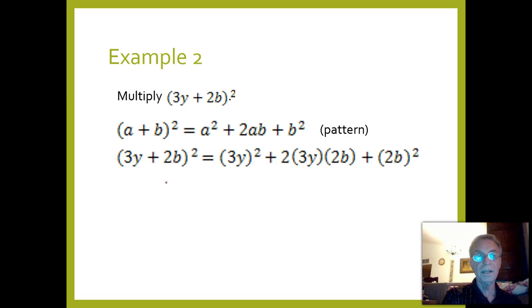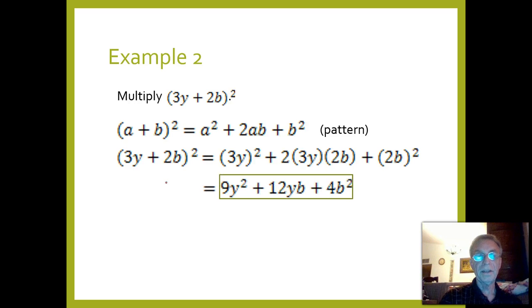The first part, a, is represented by 3y, so that's going to give us 3y squared plus the last term, which is 2b squared. Then we multiply these together and multiply by 2, so we have 2 times 3y times 2b.